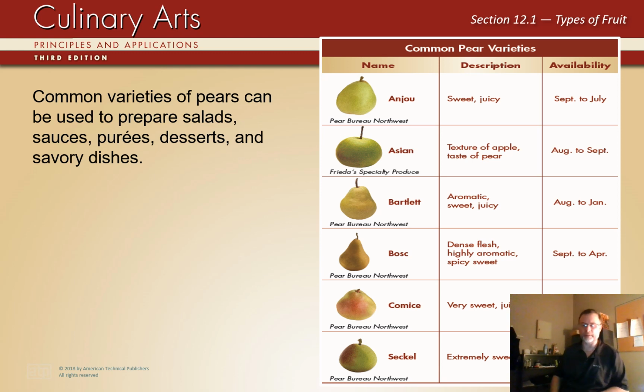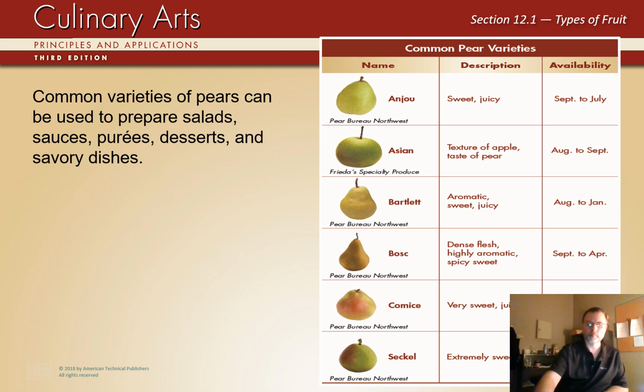You don't usually find the Comice or the Seckle available, but they are also used in the same way that apples are. They're not quite as popular as apples, but they are something that people really enjoy.